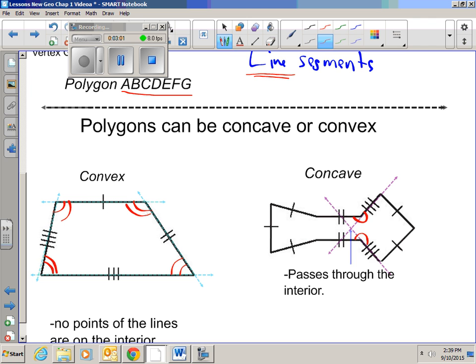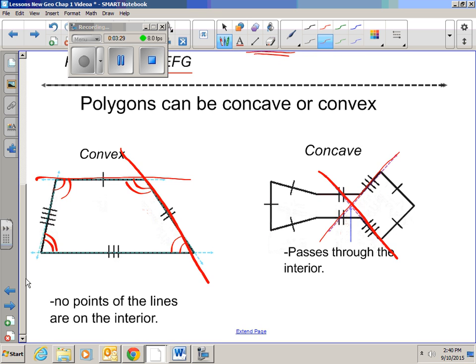You can see that these two angles here are going to be reflexive, as with these two right here. They are bigger than 180. Also, if you extend the sides in a concave polygon, sometimes those sides will intersect in the middle of the polygon, whereas in a convex polygon, the sides never pass through the inside of our polygon.